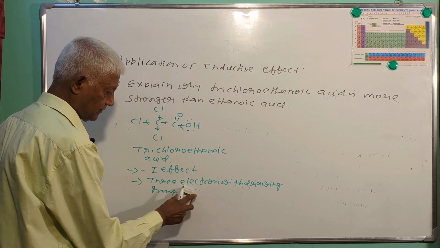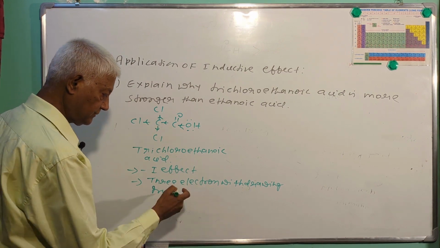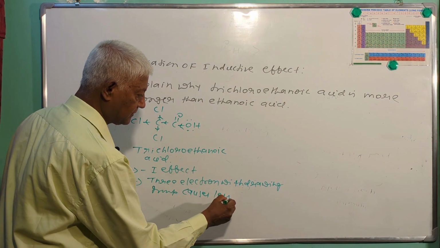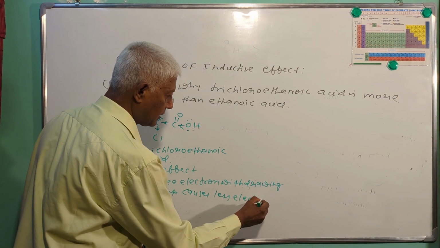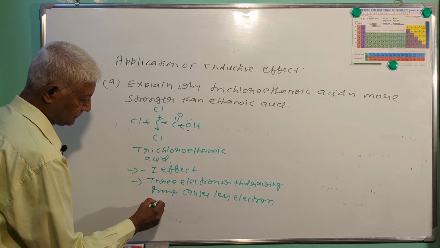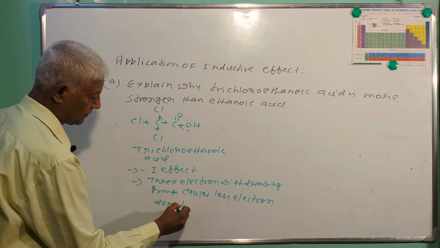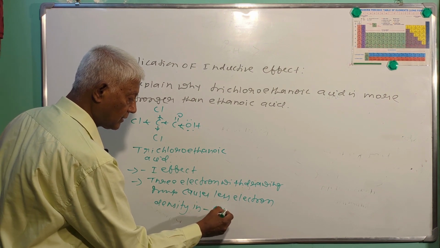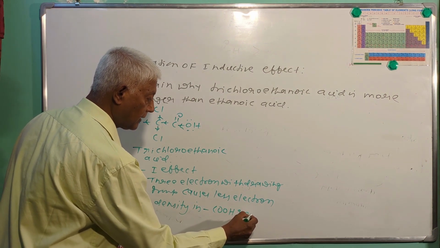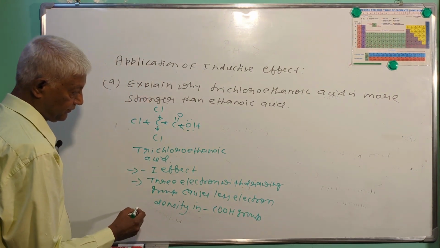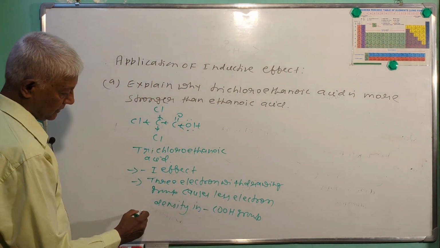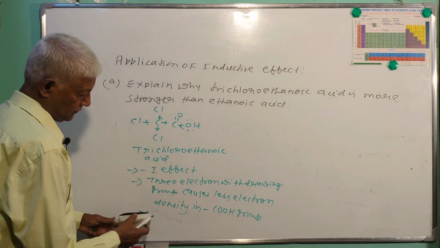These three electron withdrawing groups cause less electron density in the acid group.